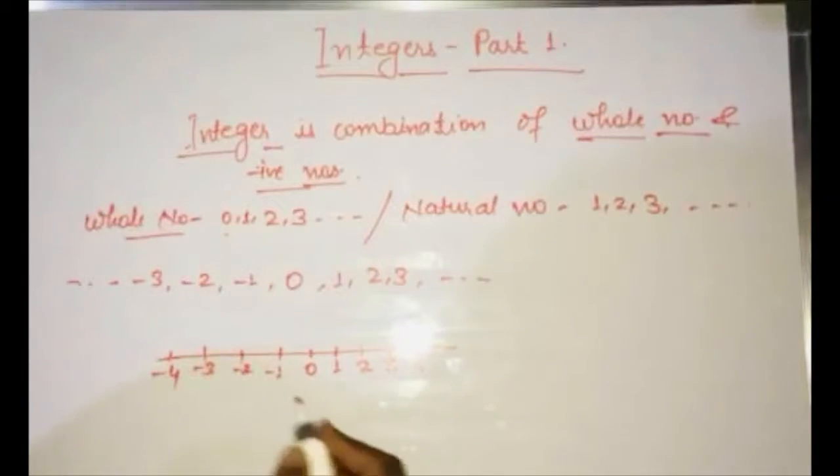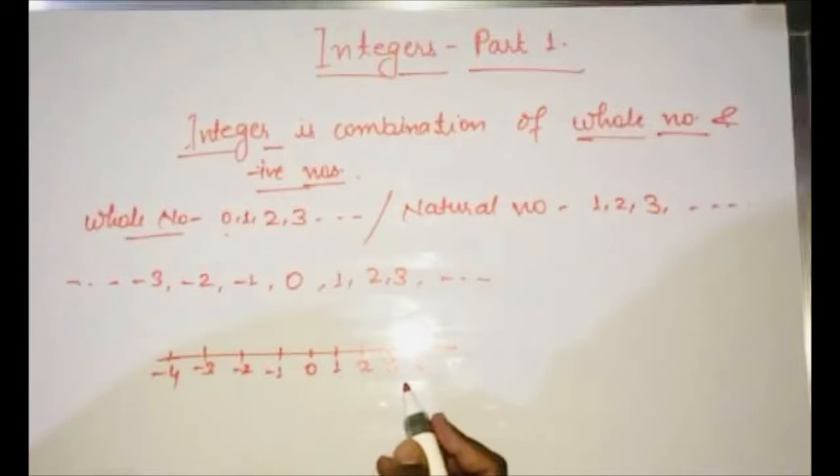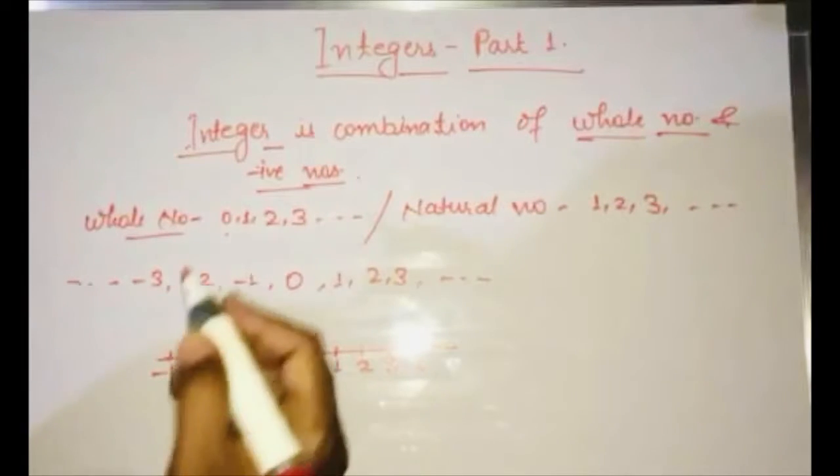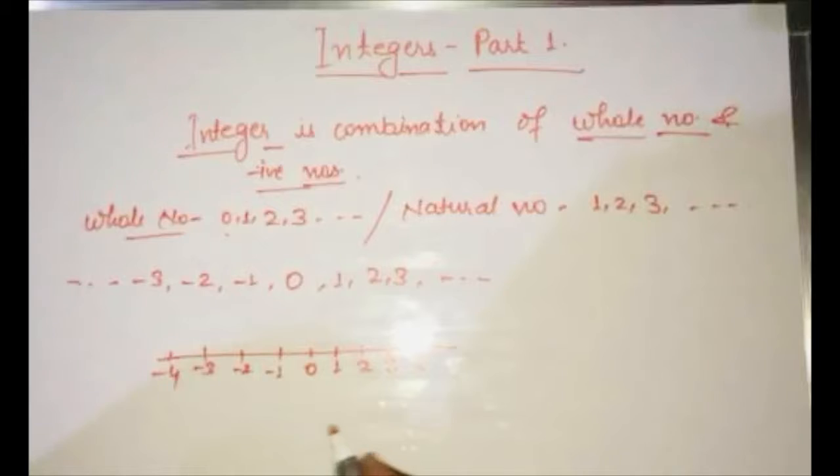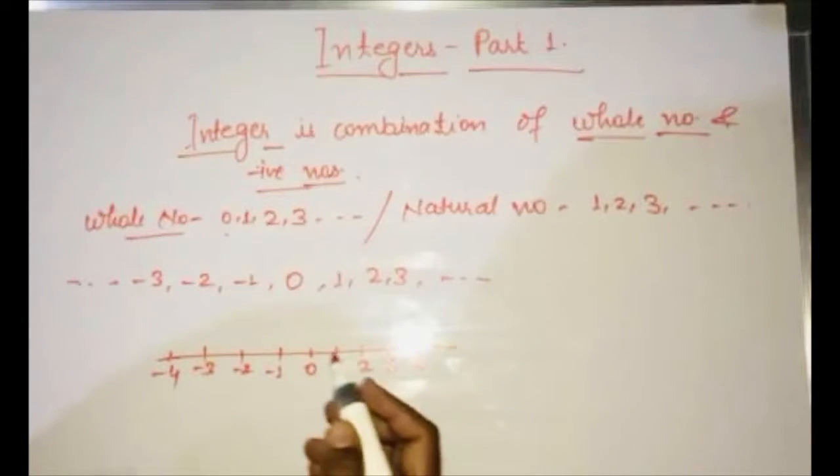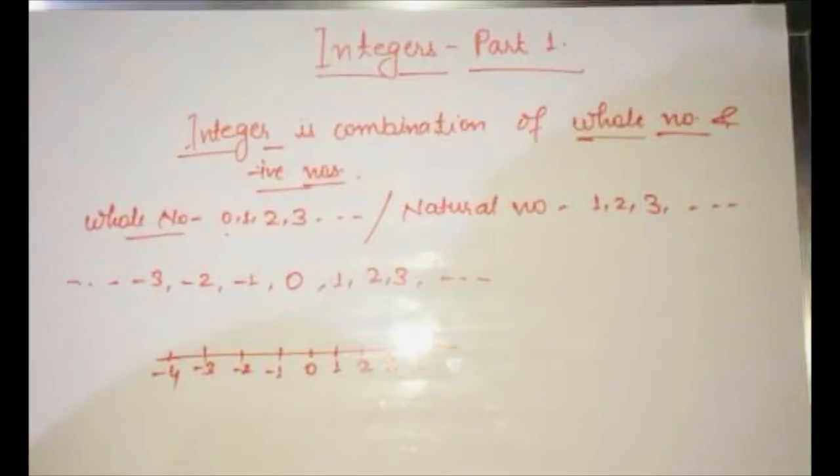Because it's a combination of negative and positive integers, for the calculations of whole numbers it's pretty easy. You just add 2 plus 2, 3 plus 2, and if you subtract 2 minus 3, it's very easy to do the calculations.